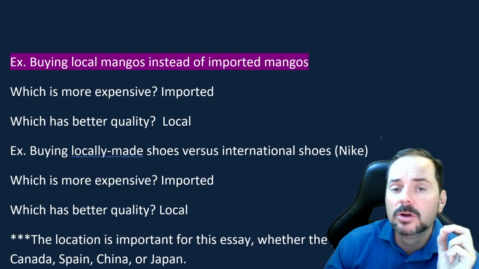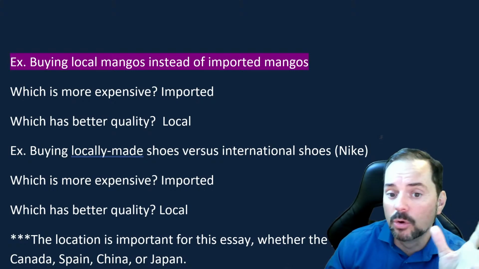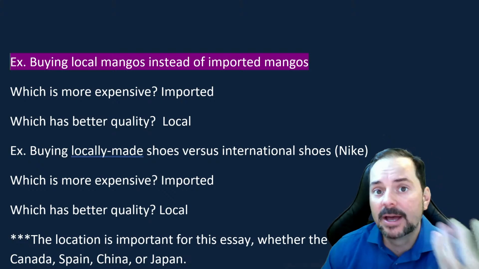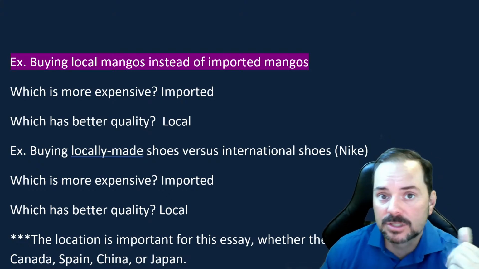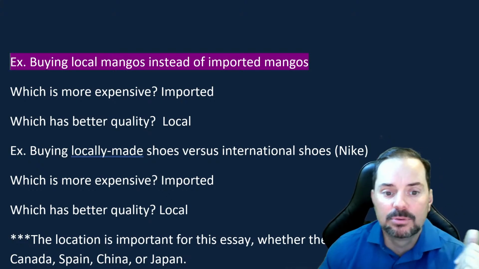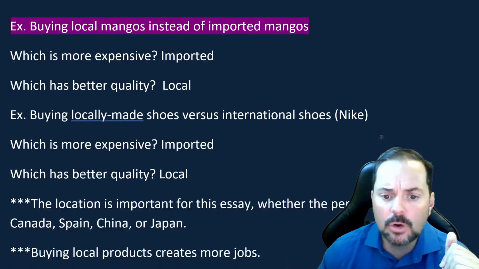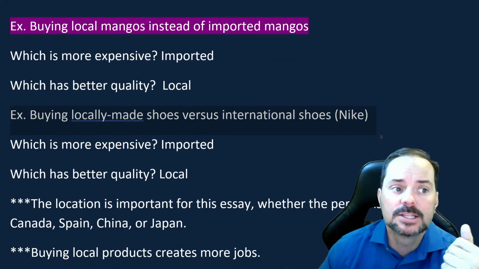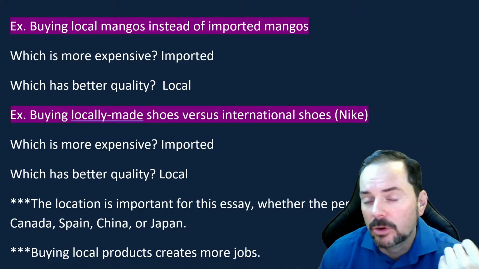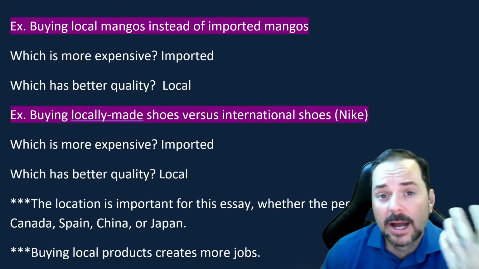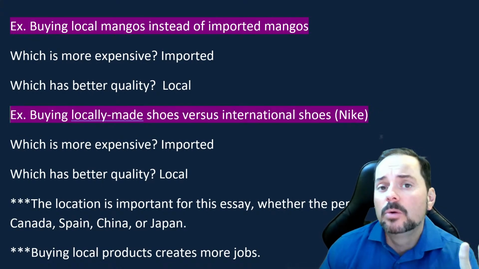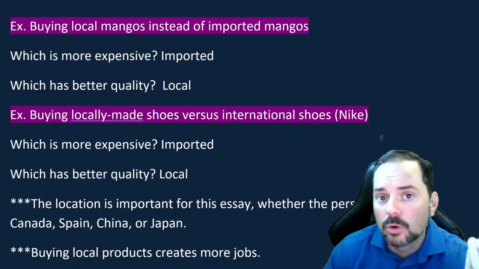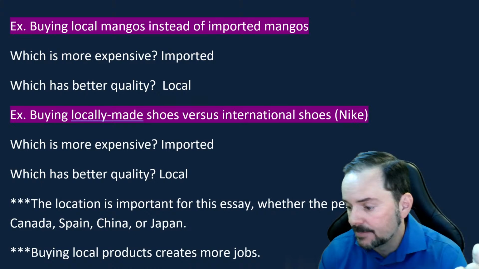So coming up with the concept of buying local mangoes instead of imported ones, or in Canada where I'm at, buying local apples instead of imported apples, okay? Or shoes, buying local shoes instead of imported shoes, and thinking about why do I buy local shoes or why do I buy imported shoes will help you to identify which side to focus on more, okay?